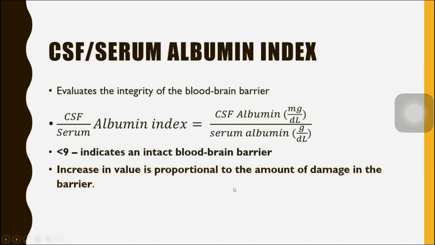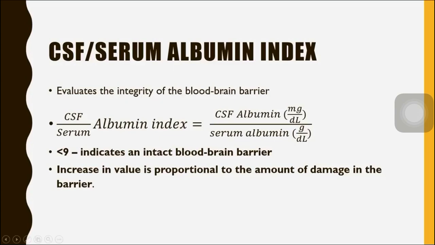Next, we have the CSF serum albumin index. Why is there a need to perform it? We mentioned that the protein of CSF should usually be lower compared with serum. So in cases of elevated protein, you need to evaluate whether there is a problem with the blood-brain barrier that caused the protein to increase, or whether there is production of protein within the CNS itself. The CSF serum albumin index evaluates the integrity of the blood-brain barrier.